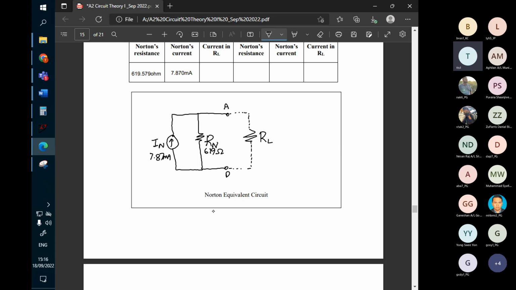All right. So depending on whatever external load you want to attach to the output, the remaining circuit stays fixed and remains the same.